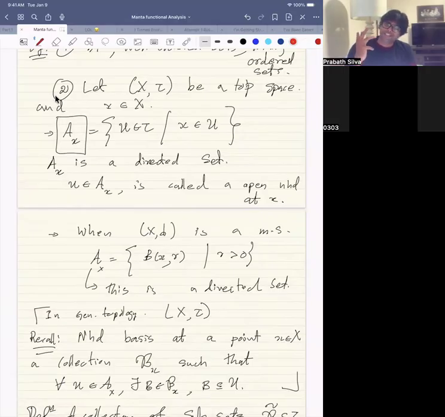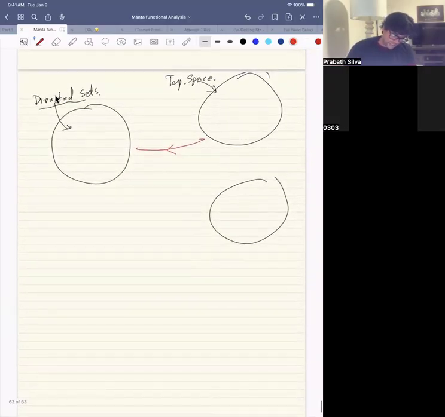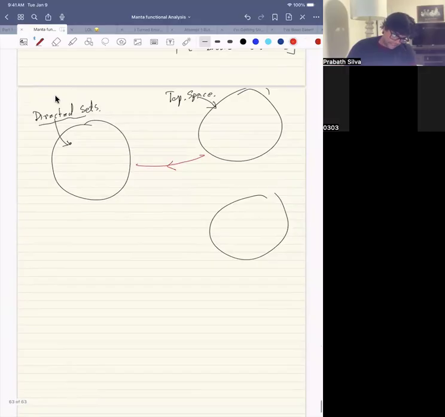That would extract what is the index set when you talk about the limits that go to that point. Okay, so this part is easy.